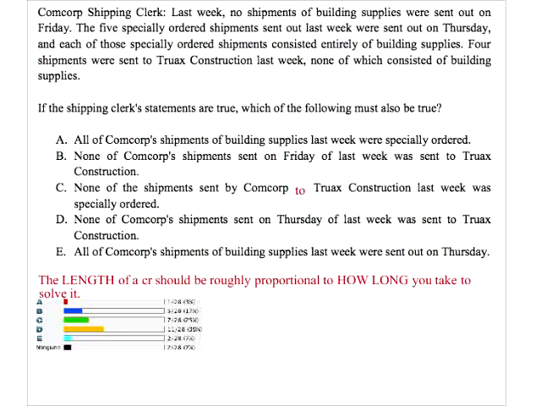The 5 specially ordered shipments were sent out on Thursday, and each of those specially ordered shipments consisted entirely of building supplies. 4 shipments were sent to Truax last week, none of which consisted of building supplies. Okay, which of the following must also be true?